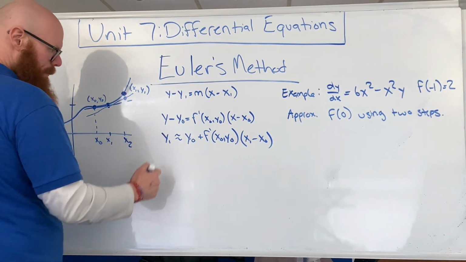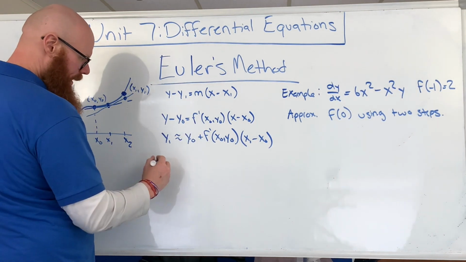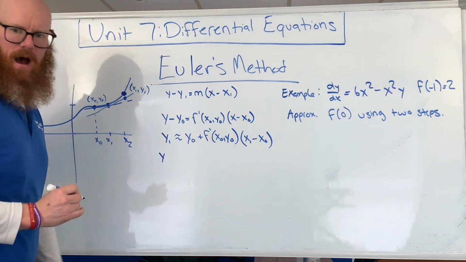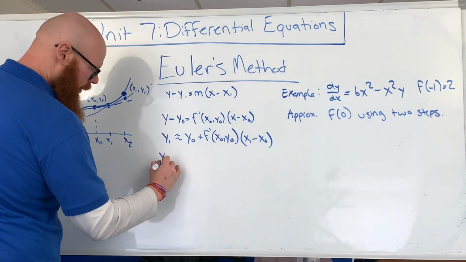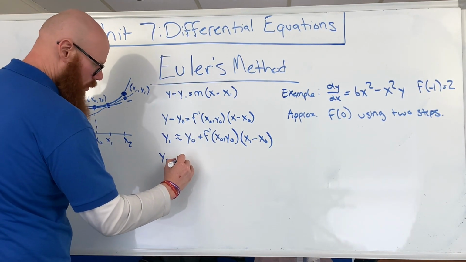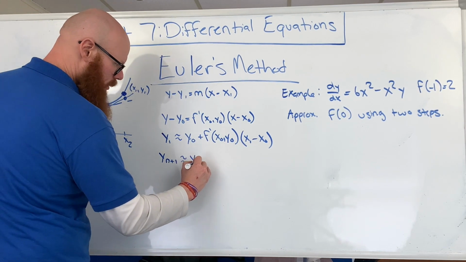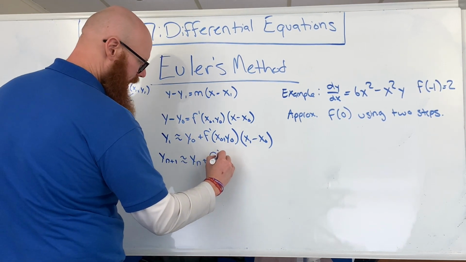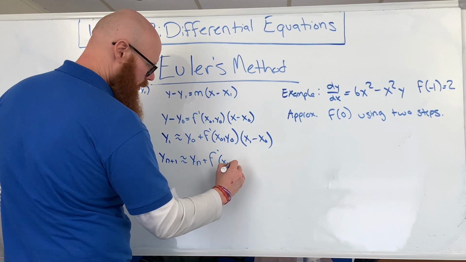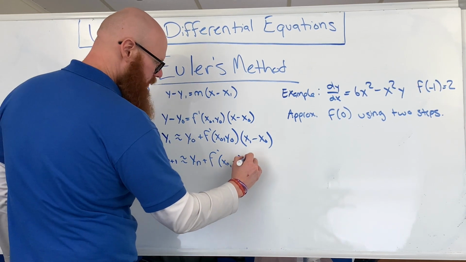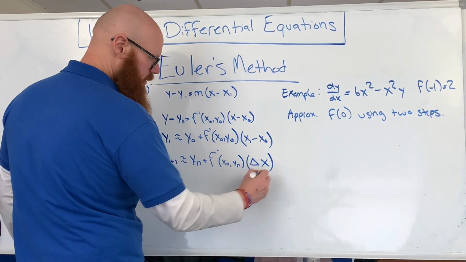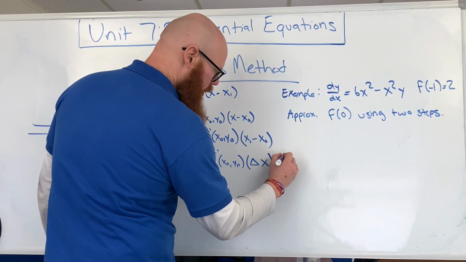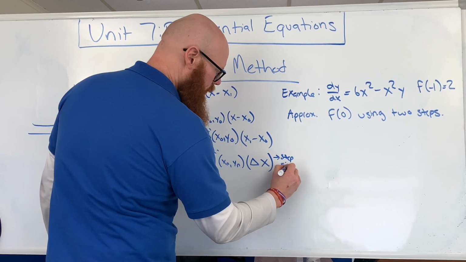And if I want to keep repeating the process, I just want to make sure what letters I use. So if I want to approximate y sub n plus 1, that's based off of y sub n plus f prime of x sub n, y sub n times, and what we're just going to start to call this is delta x. And this is what we call our step size.